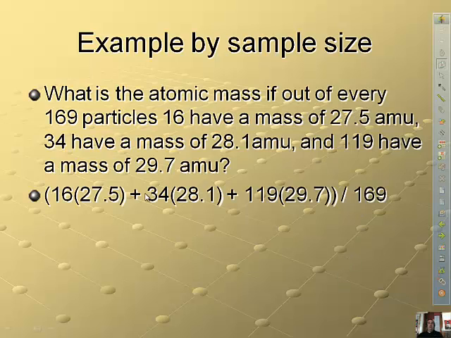But when you have sample size, you still do the same thing up here, but the final step is just going to be dividing by however many total particles there were. In this case, it says there were 169 particles. When you do that, you'll get 29.2. And when you look, 27.5, 28.1, 29.7, that 29.2 is closer to the 29.7 because it has the greater abundance.